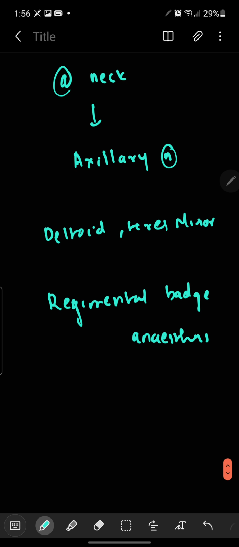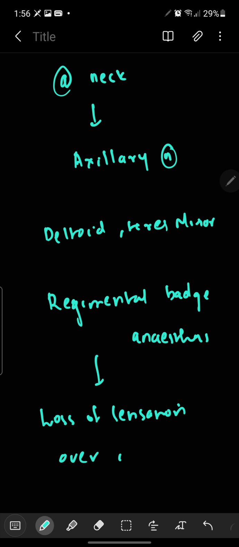That means loss of sensation over the upper lateral aspect of the arm, which is supplied by this nerve.